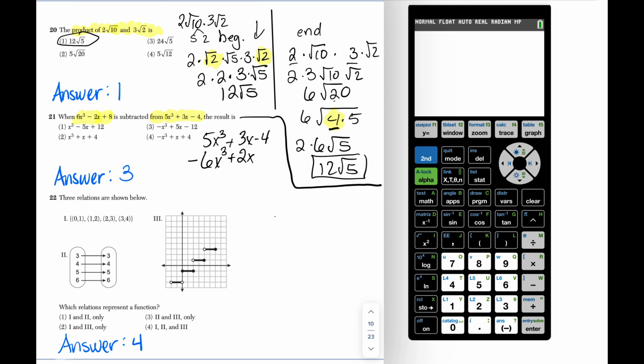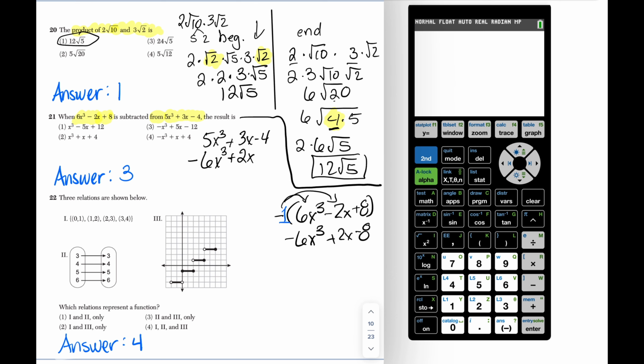If I'm subtracting 6x cubed minus 2x plus 8, I need to distribute this negative 1. I got to distribute it. So that's going to give me negative 6x cubed plus 2x and minus 8.